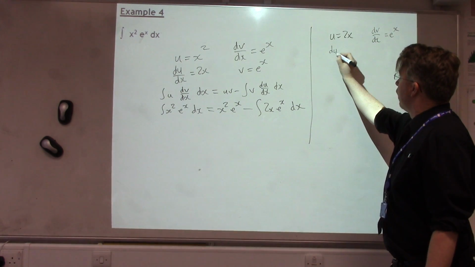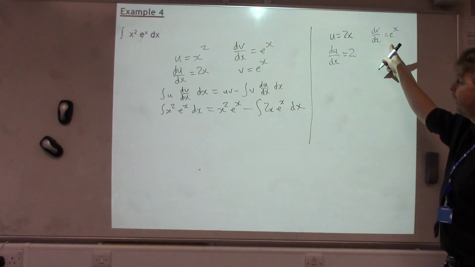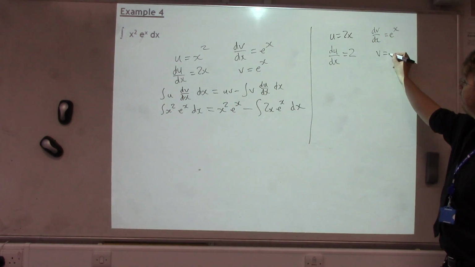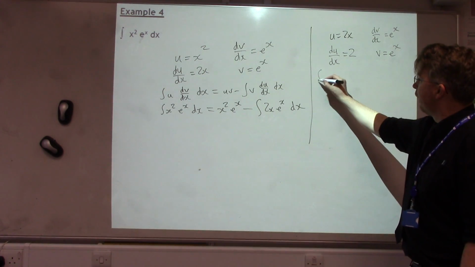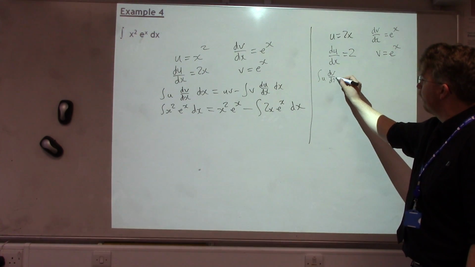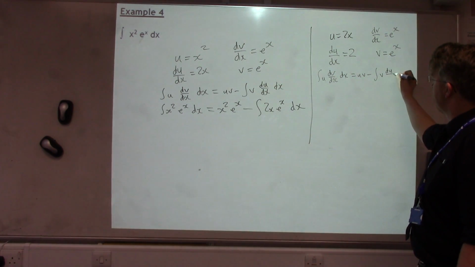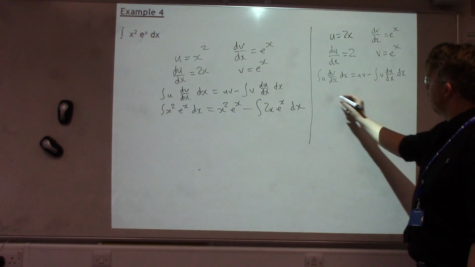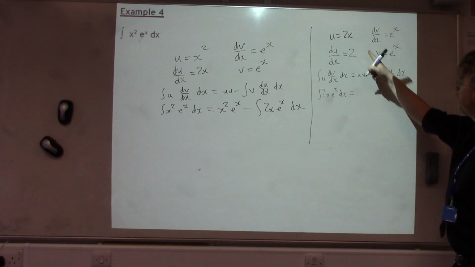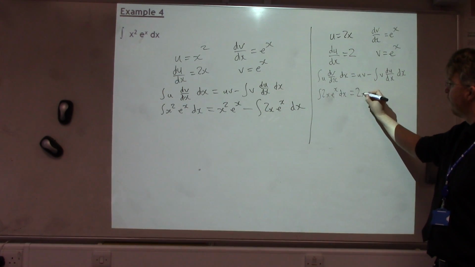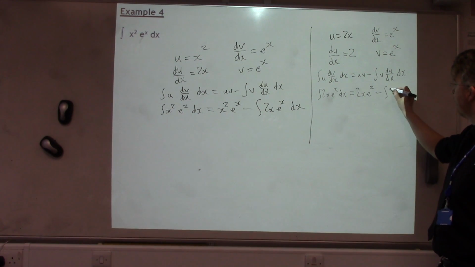Differentiate u, du by dx is equal to 2, integrate dv by dx, v equals e to the x, apply the formula from the formula booklet. So we get the integral of 2x e to the x dx equals u times v, so 2x times e to the x, minus v times du by dx, 2 times e to the x.